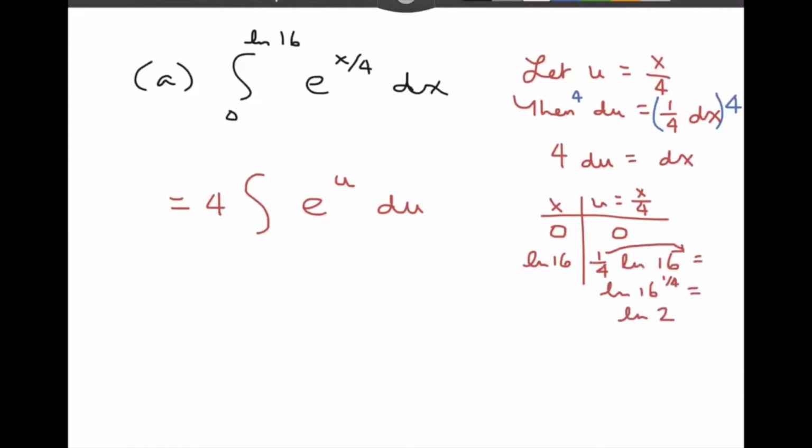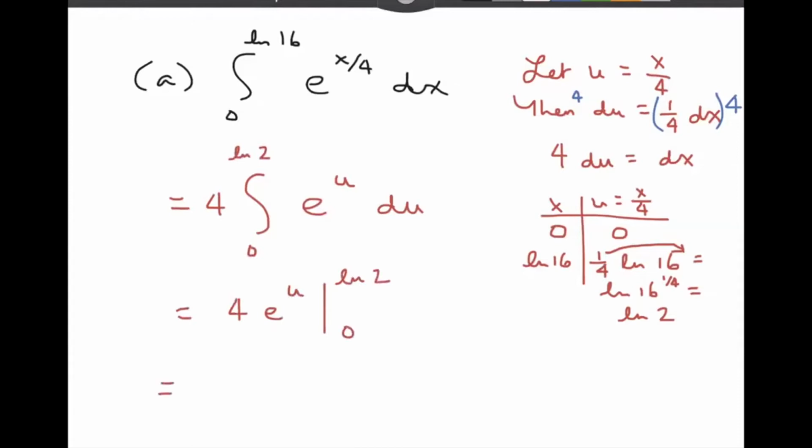So this new integral, instead of going from x equals 0 to x equals natural log 16, will go from u equals 0 to u equals natural log 2. All right, and by the rule we just learned, the integral of e to the u du is e to the u plus c. We don't need the plus c because this is a definite integral.